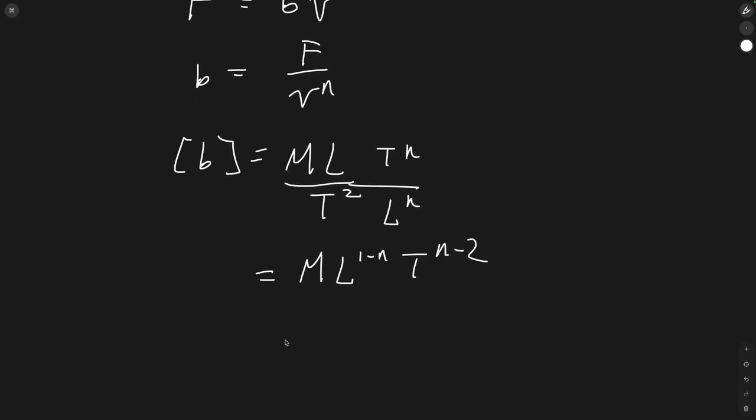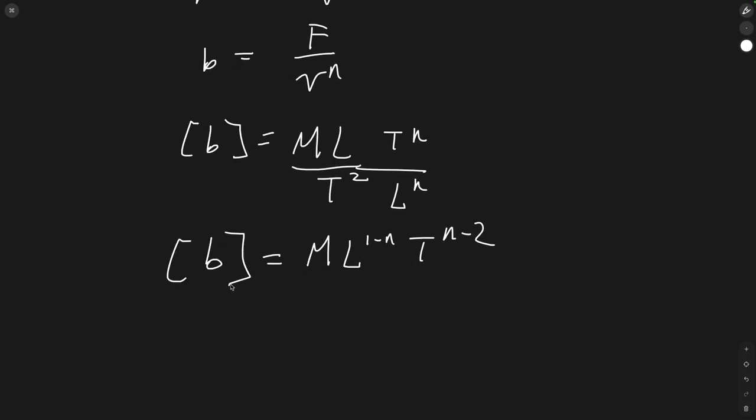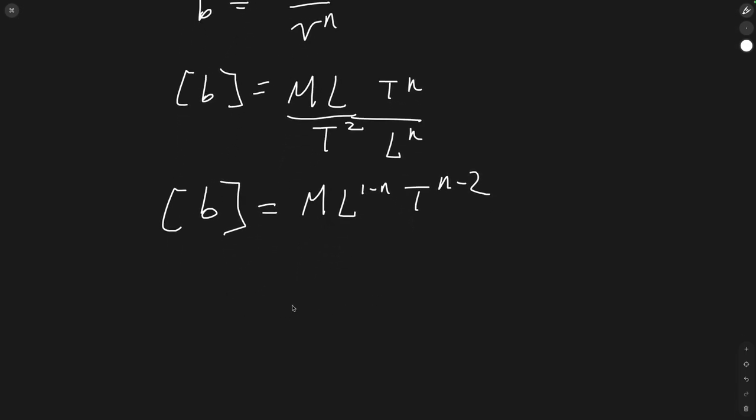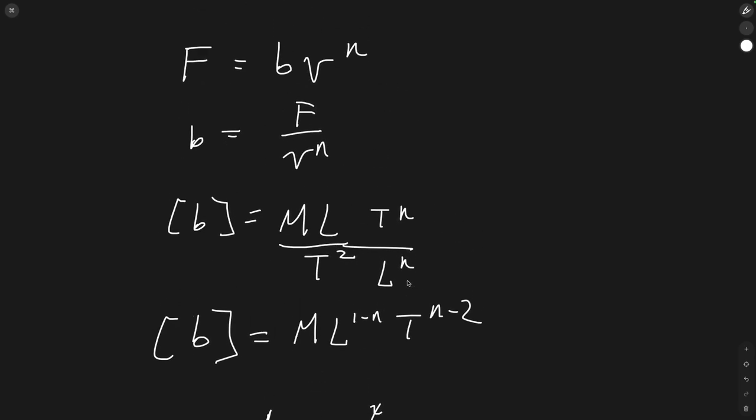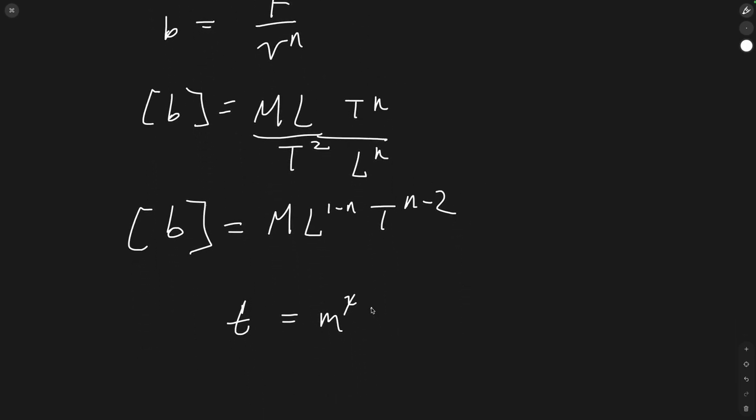Okay? That's the units of b. Now, we'll say that the stopping time should be some combination like this: m, initial speed, and b.